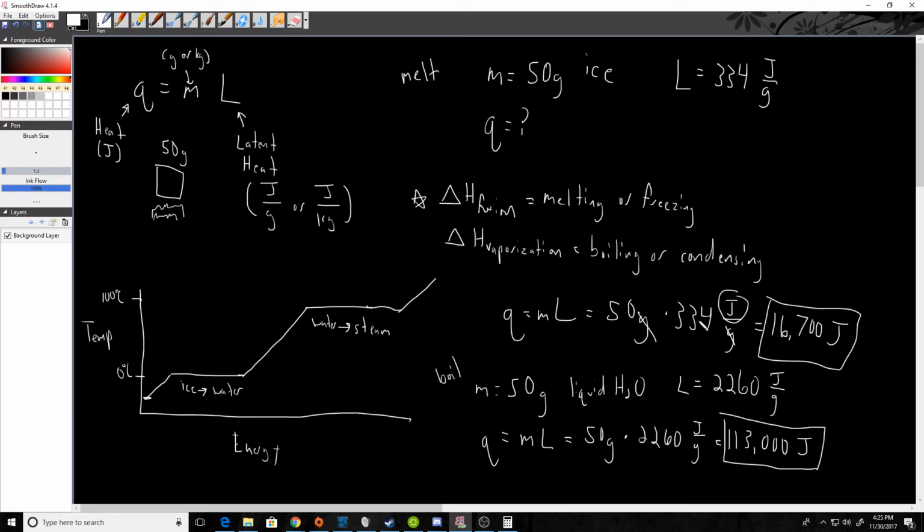This goes into a little bit of chemistry. For melting and freezing, we're just getting molecules that are attracted to each other to either lock into place or to slide past each other.